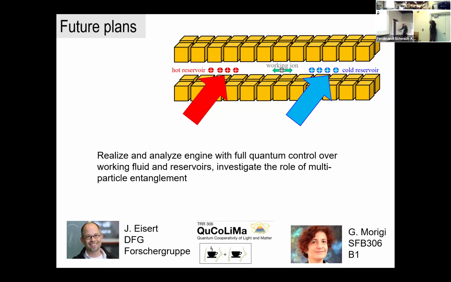And this is now n equals 0 phonons, and here we have n equals 1, n equals 2, and so on. What you do is you put the red sideband. Starting with the population here, you excite, that's the red sideband, and then you trust the spontaneous decay, which brings you down here.